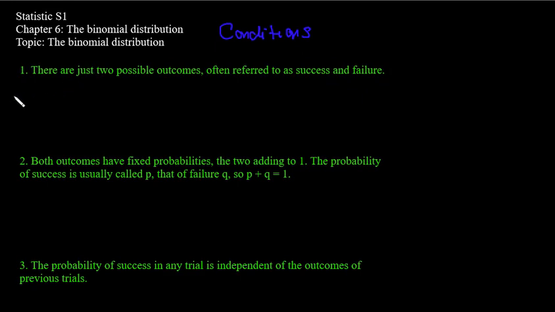Let me take an example. When you throw a die, you get 6 outcomes: 1, 2, 3, 4, 5, and 6.